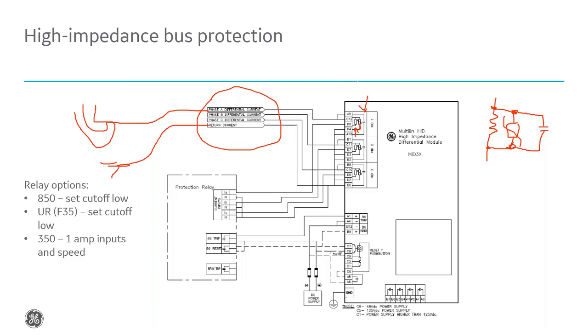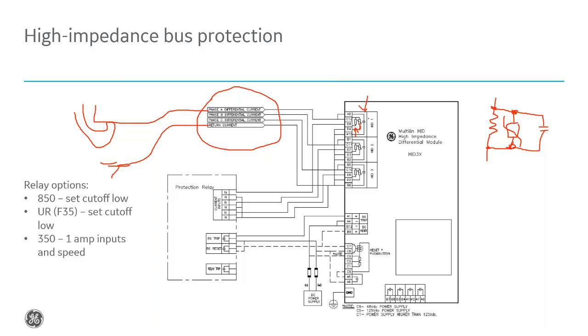Now, the resistor, under steady state normal conditions, should have almost zero current on it. And so it has a watt rating. We'll talk about that in the next slide. It's not a very large watt rating, because it doesn't need to be. Under steady state conditions, you expect zero current flowing into this device.